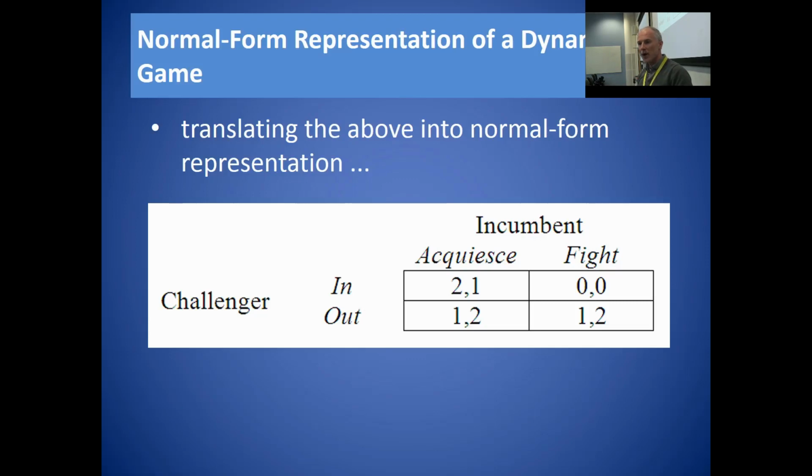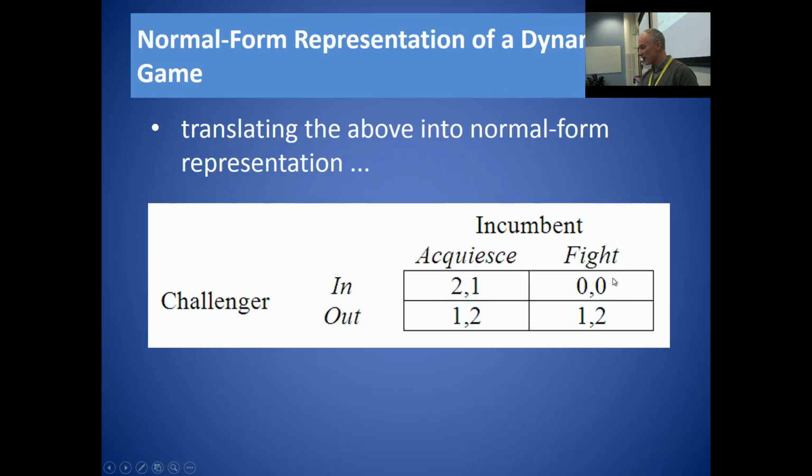So we've got our 2 players. We've got the challenger, who chooses over the potential strategies of in or out. And we have the incumbent, who chooses over the potential strategies of acquiesce or fight. Now, if the challenger chooses in and the incumbent acquiesces, the payoffs are 2 to the challenger and 1 to the incumbent.